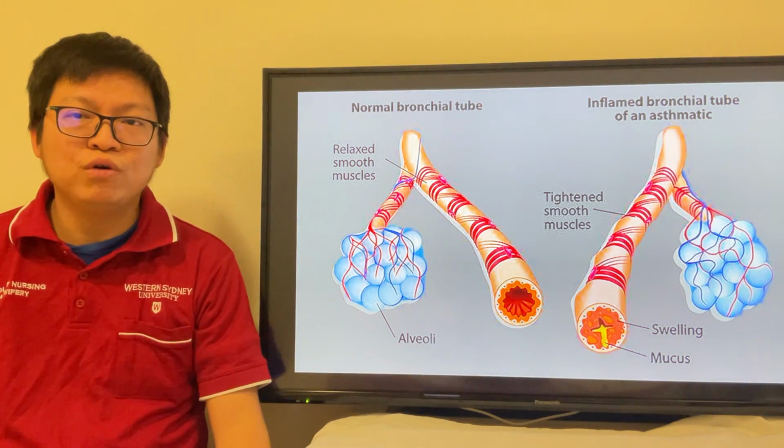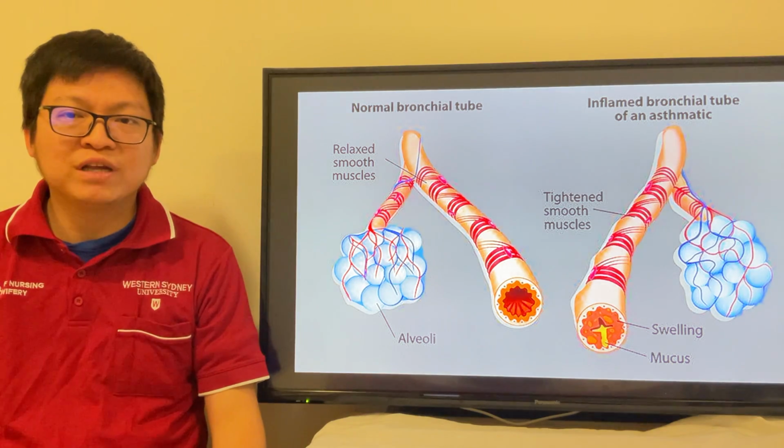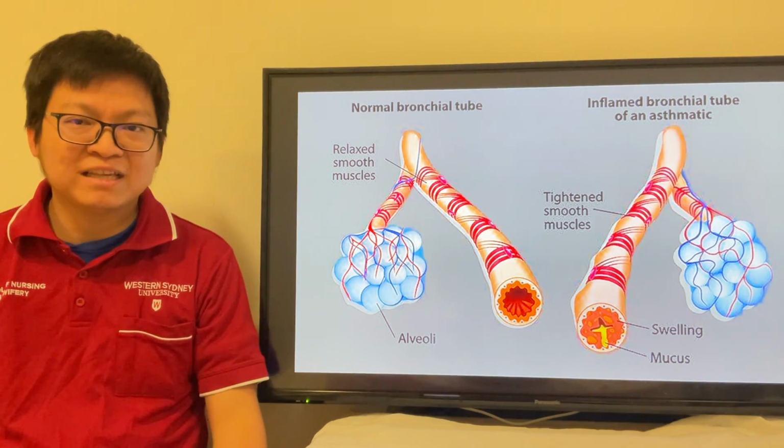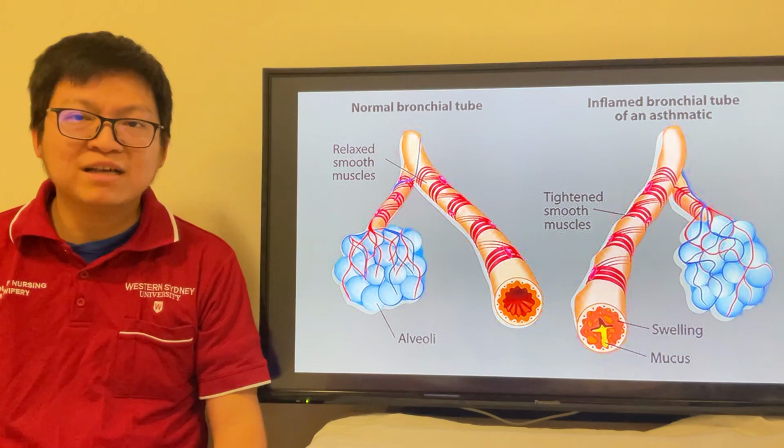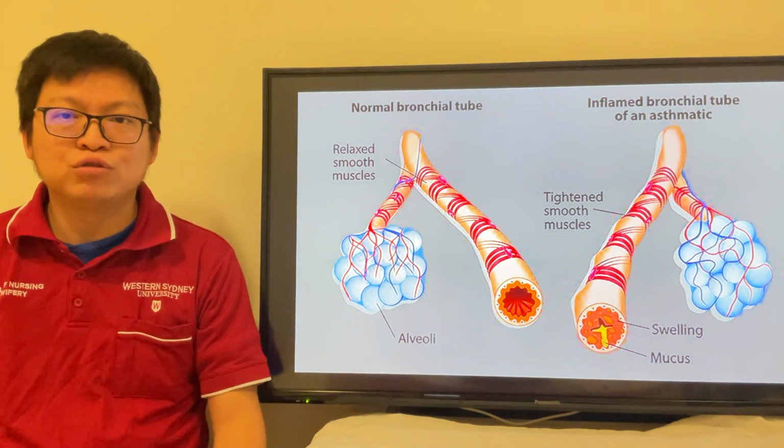As a result, when a patient inhales, the trachea and bronchi are in a dilated state, and the air passes through the airways and finally enters the alveoli.